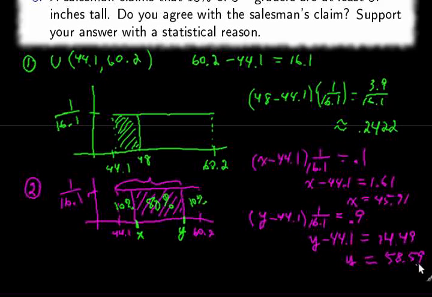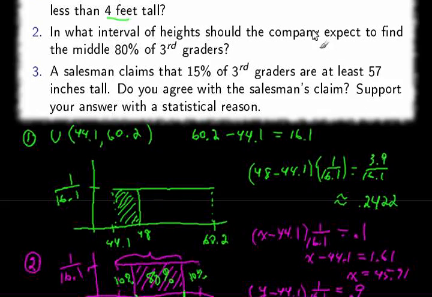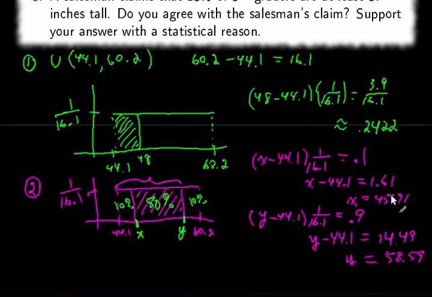And now let's take a second to remember what we just did. We were answering the question, what interval of heights should the company expect to find the middle 80% of third graders? So these numbers here, these are the heights. We should expect 80% of third graders to be between 45.71 inches and 58.59 inches.